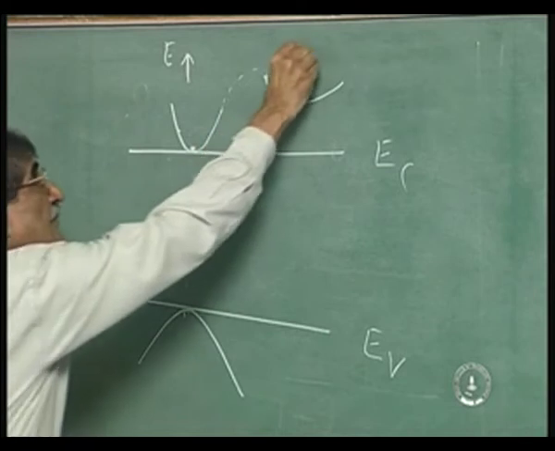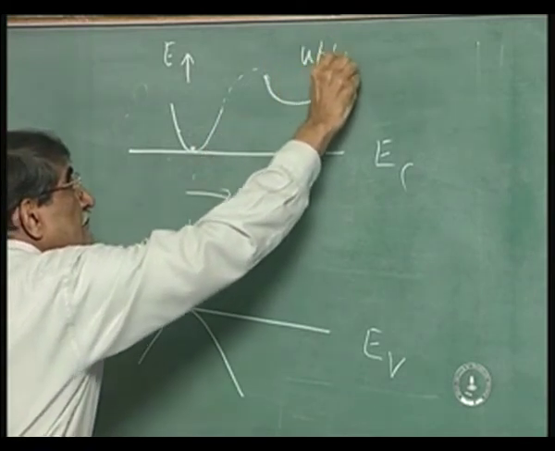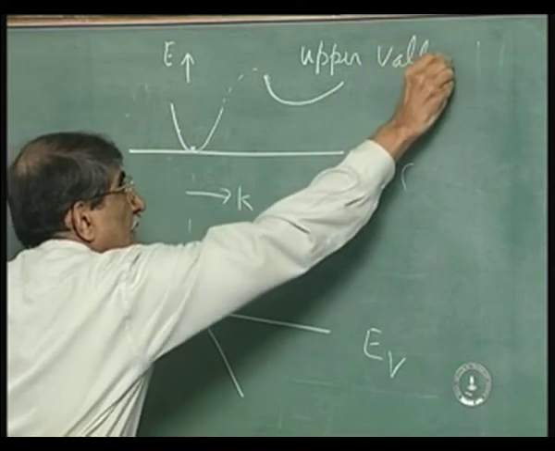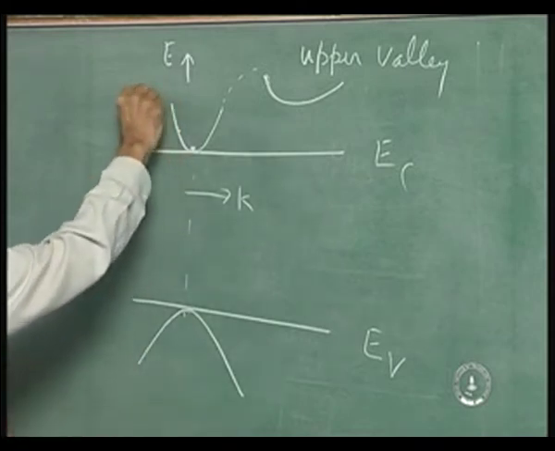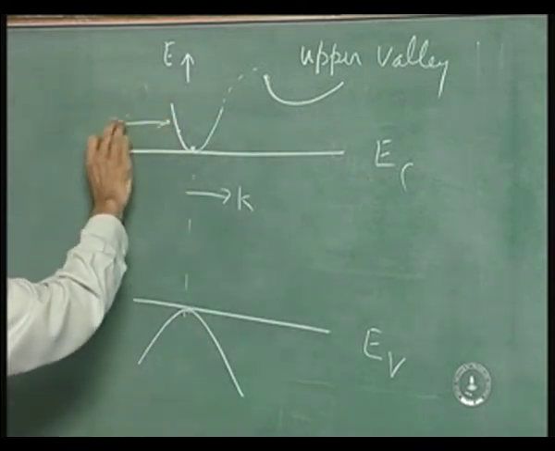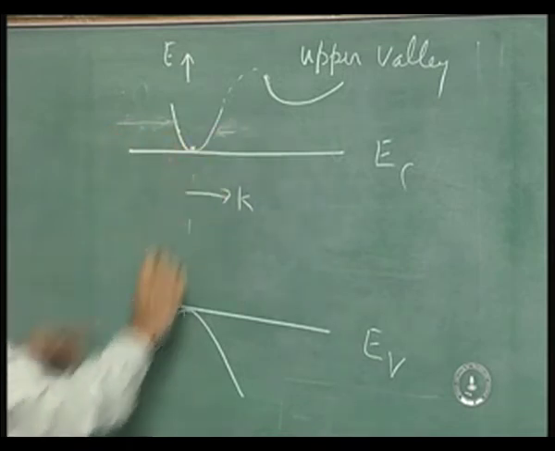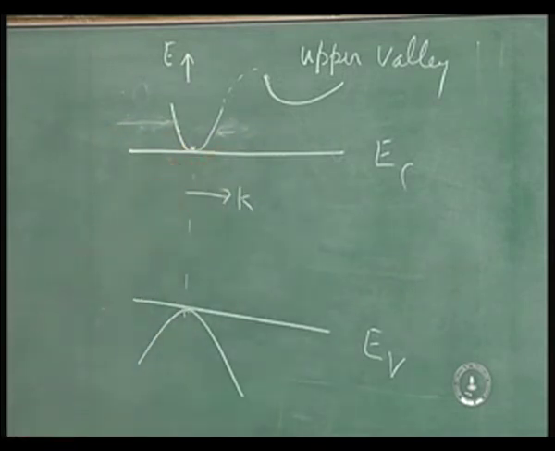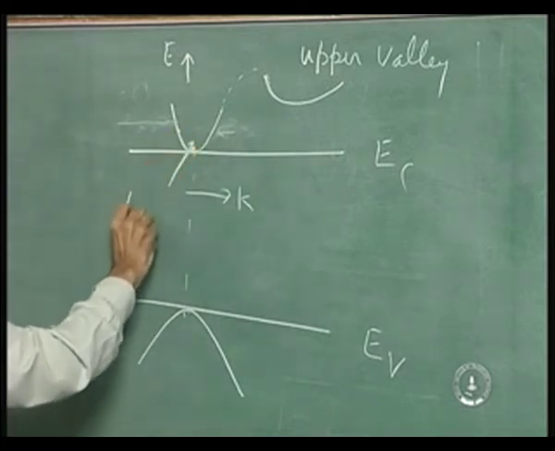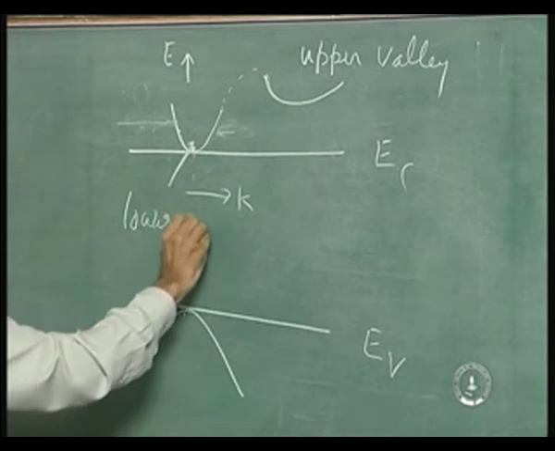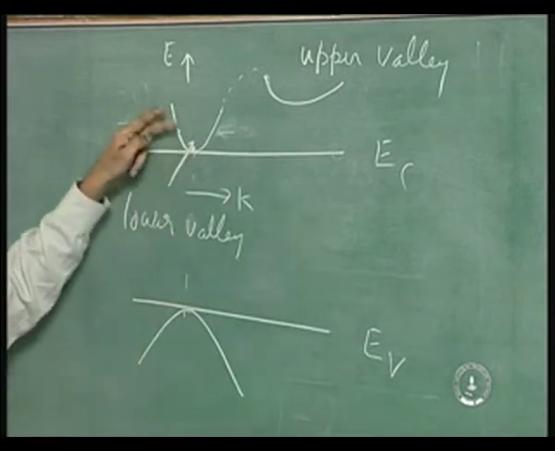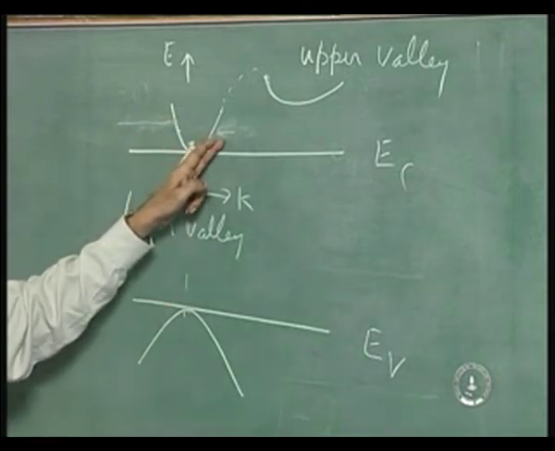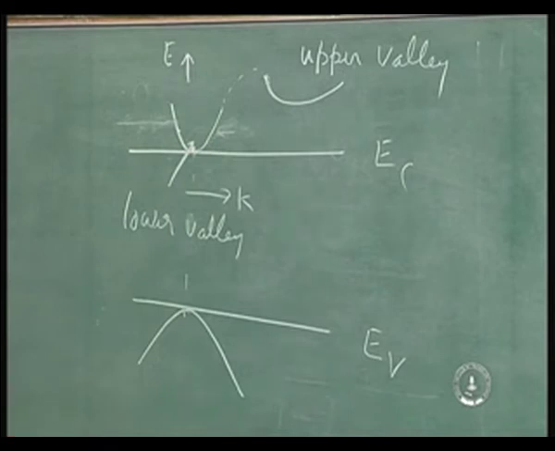This is called the upper valley. It is called a valley because it looks like a valley, no other reason. And this is the central valley or the lower valley. Upper valley, lower valley. Now, the difference between these two valleys is, this is sharper, and the sharpness is reflected in the effective mass, which you just borrow and believe.